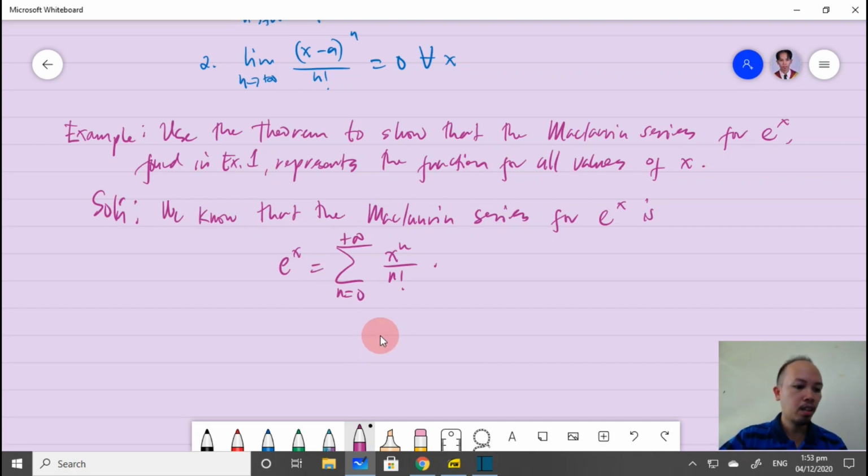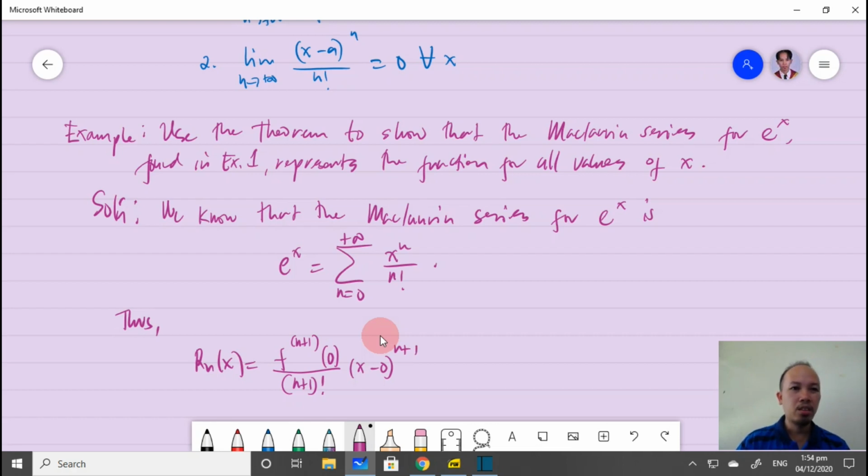the summation of x to the n over n factorial, from n equals 0 to positive infinity. Thus, what is the formula for our R sub n? Our R sub n is equal to, based on the formula, f of n plus 1 of 0, since this is a Maclaurin series, over n plus 1 factorial times x minus 0 to the n plus 1.